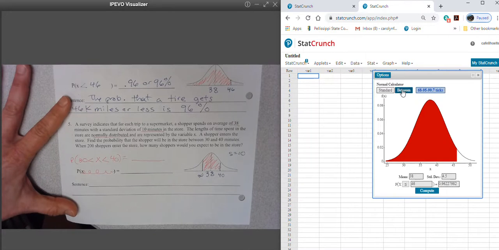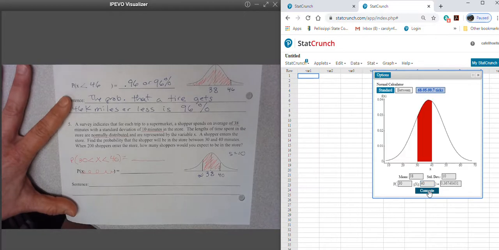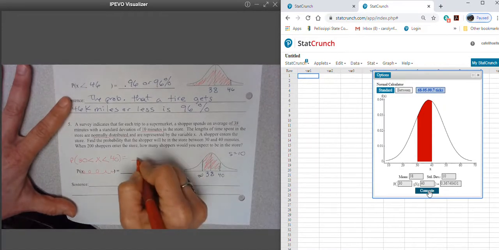So we're keeping this in between, and be sure to change your mean. Actually, mean is 38. In this problem, the standard deviation was 10, and we're looking at being between 30 minutes and 40 minutes, and we get 0.37, just rounding there to 2 decimal places.